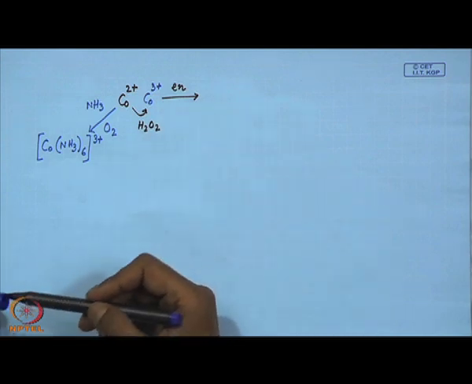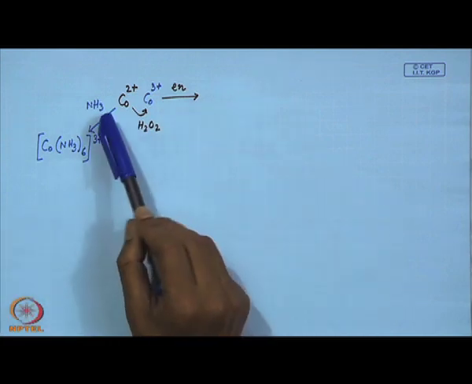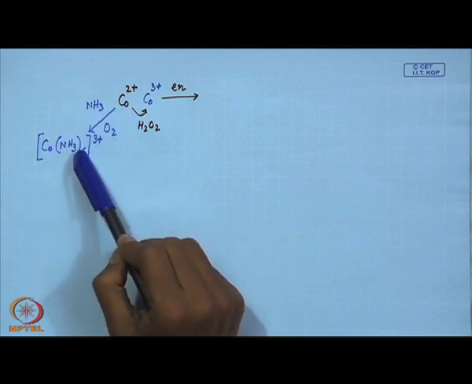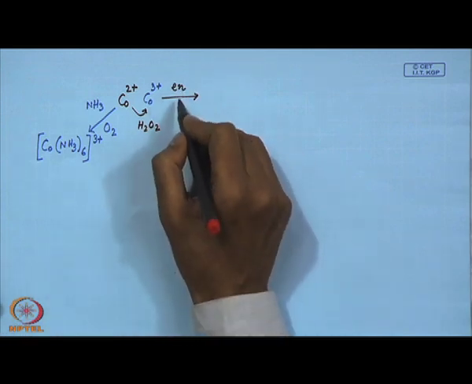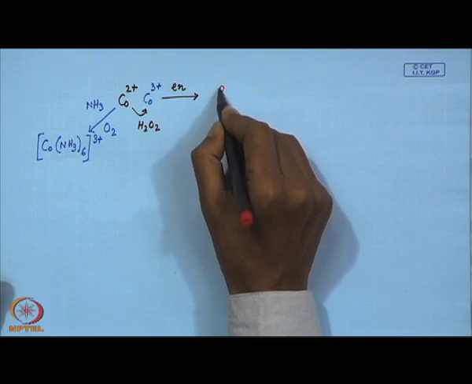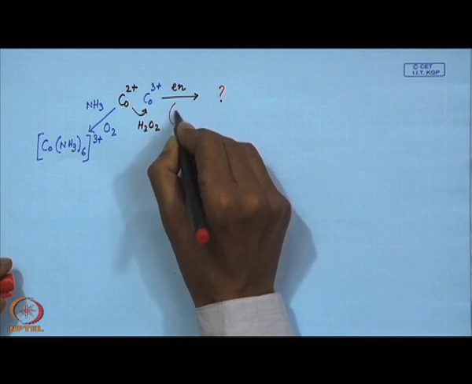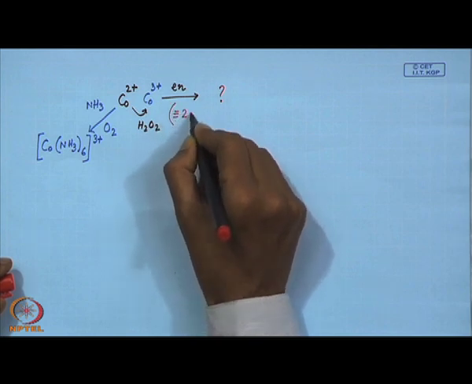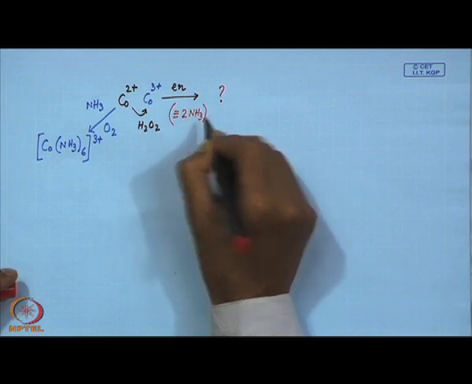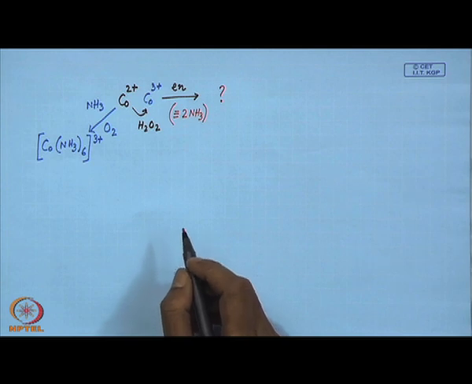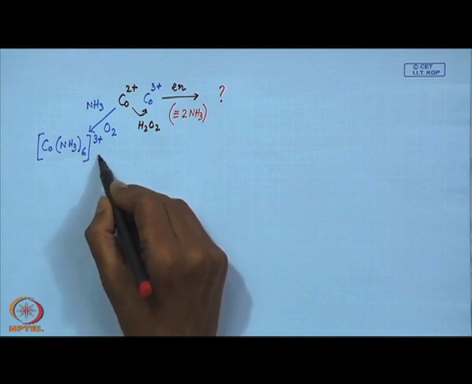We consider it the way we considered the reaction of cobalt 3 with ammonia giving rise to the hexaamine cobalt 3 compound. Here also we ask how this cobalt 3 plus can react with ethylene diamine. We can have several products out of these reactions, where ethylene diamine can be considered as binding of 2 ammonia molecules.